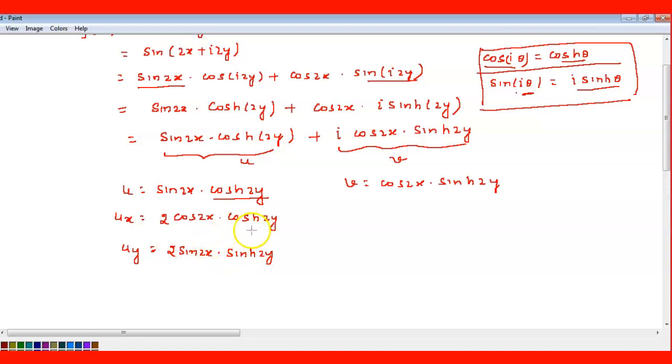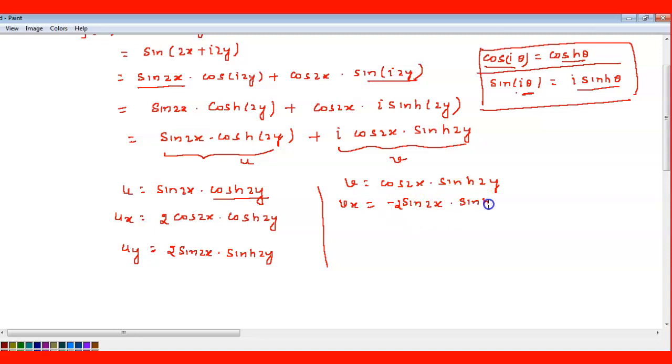Cos hyperbolic is given and trigonometry is different. Cos theta differentiation is minus sine theta for the trigonometric function. For hyperbolic, just write sine of hyperbolic. V of x is equal to, tell me here, cos differentiation. Cos is a trigonometric function, so you can write minus sine of 2x into 2, right?